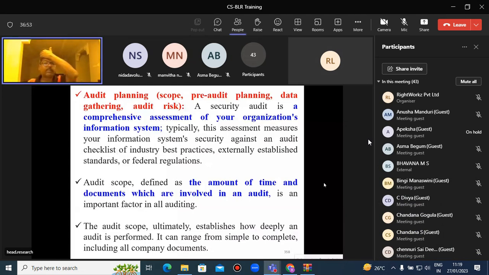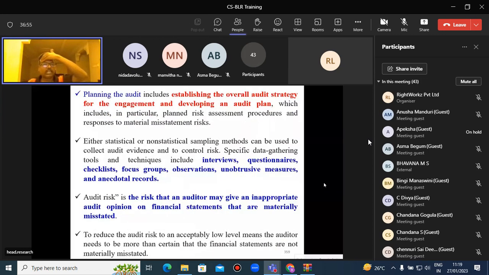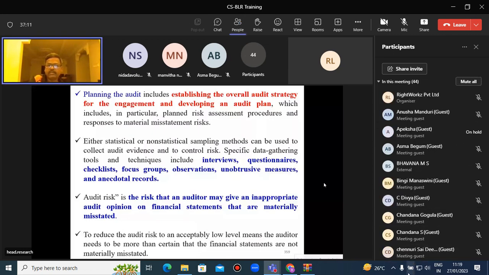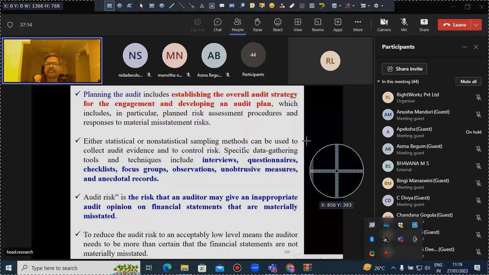So what is meant by planning? The audit includes establishing the overall audit strategy, meaning a procedure or approach for the engagement, and developing an audit plan. It consists of some approach.